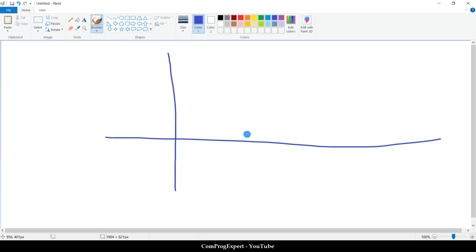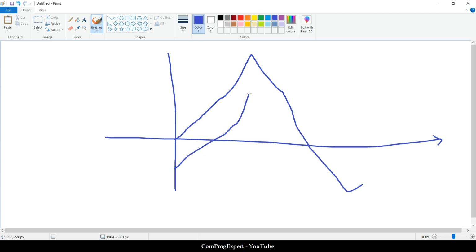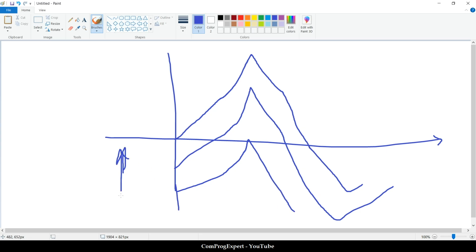We have multiple solutions, just shifting the same waveform in the direction of the y-axis, depending on the value of phi 0.